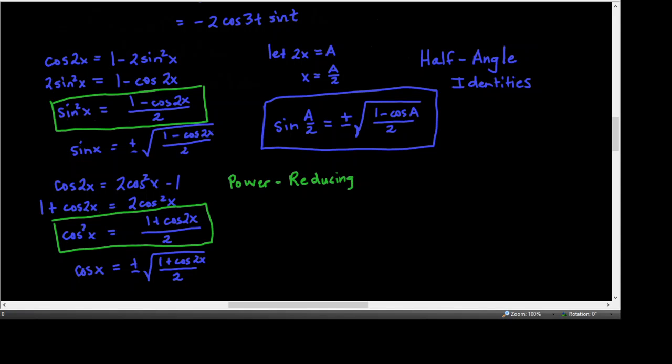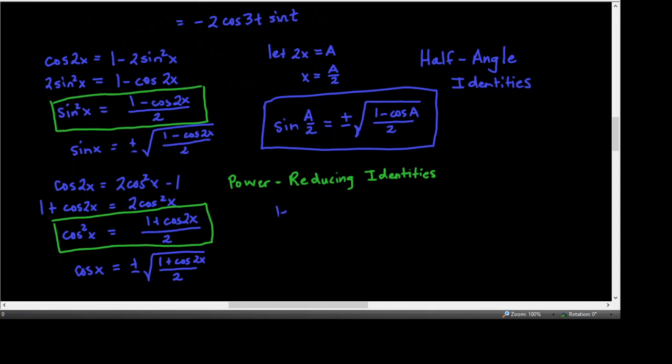But the power reducing identities are also used in calculus quite often. And it lets you turn a sine squared of something or a cosine squared of something into a cosine of a double angle without the square there. So you're taking the square away by using this identity. Notice that the angle gets doubled as you reduce the power. So that's kind of interesting to know. But sorry, I got a little bit sidetracked because that is an important one.